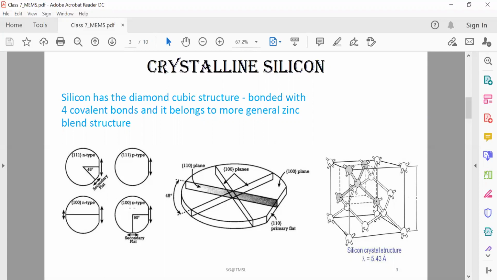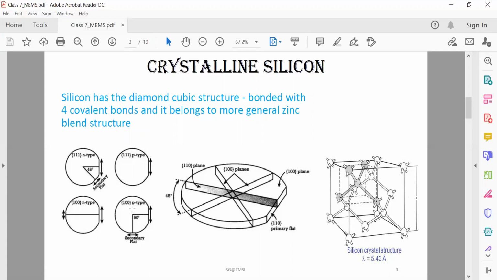So in case of MEMS devices, or even in VLSI devices, the normal wafer we use nowadays is mainly 100 silicon wafer. There are certain advantages of that. The main advantage is that 100 silicon can be cut into small pieces in a regular way.